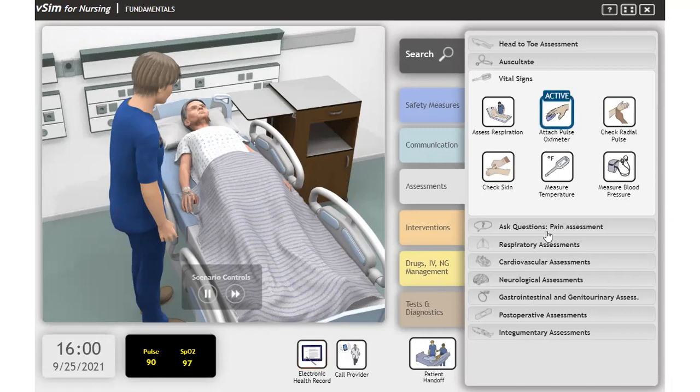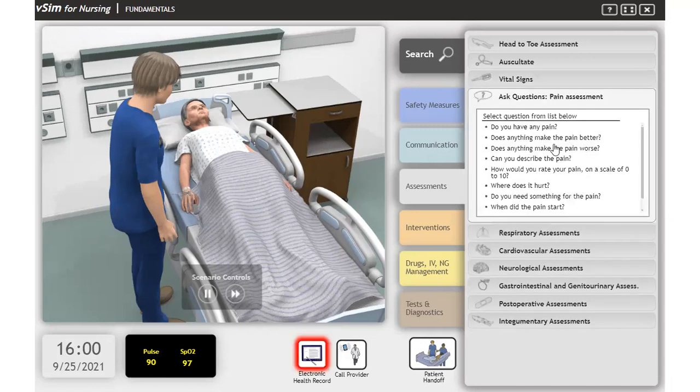Okay, I'm going to ask her about pain. Do you have any pain? My leg hurts a bit. When did the pain start? After I fell last evening. Where does it hurt? In my left leg. Can you describe the pain?